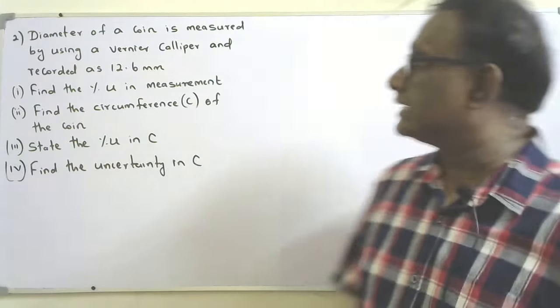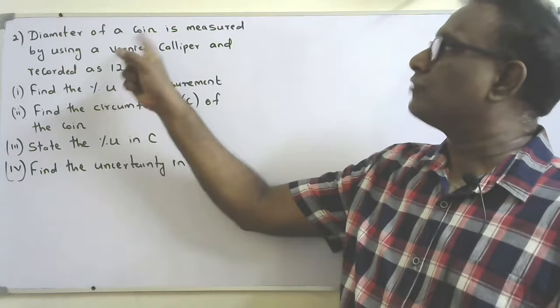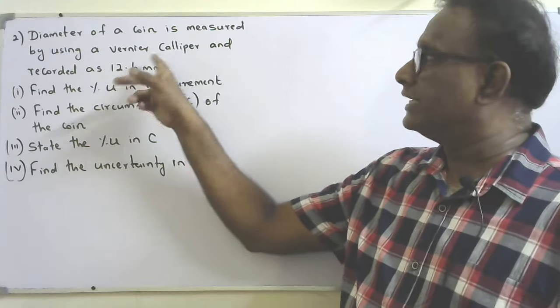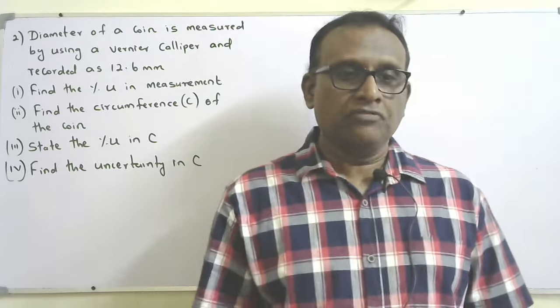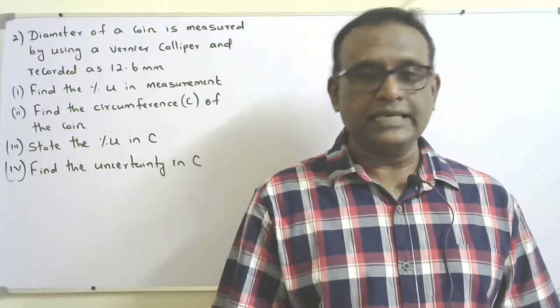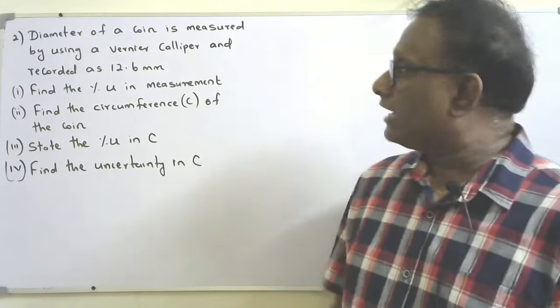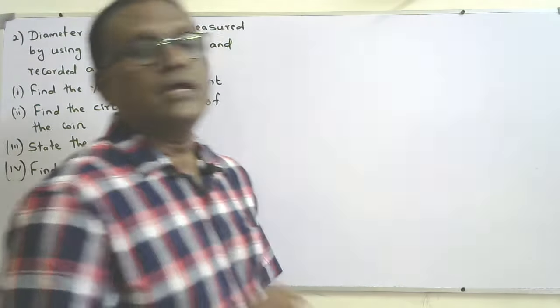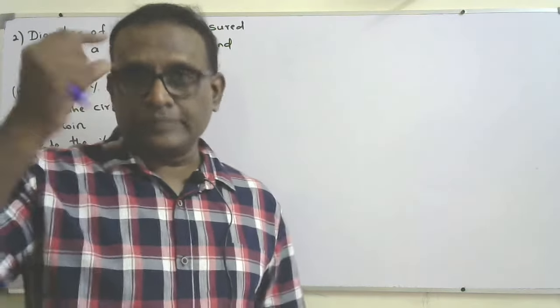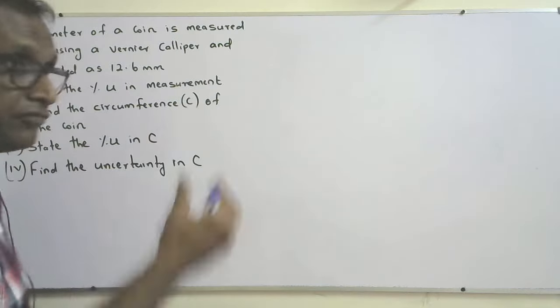Okay, so this is the second question. Diameter of a coin is measured by using a vernier caliper and recorded as 12.6 millimeter. Find the percentage uncertainty in the measurement. First part. So percentage uncertainty is given by uncertainty in the measurement divided by the value of the measurement.